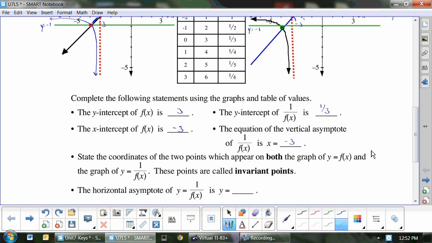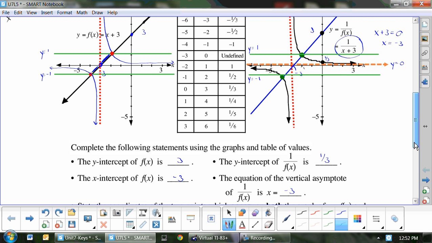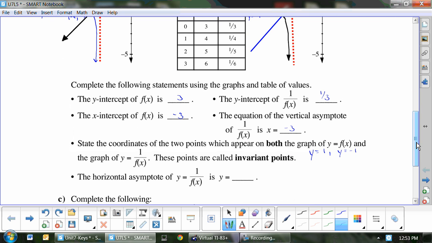Okay. So they say the coordinates of the 2 points which appear on both graphs are at y equals 1 and y equals negative 1. If we look at our graph, that's at negative 2, 1 and negative 4, negative 1.